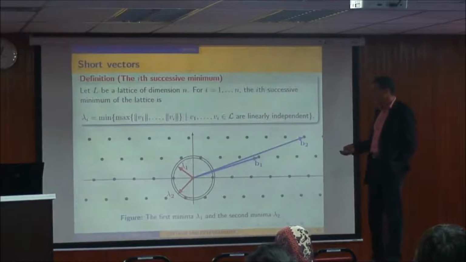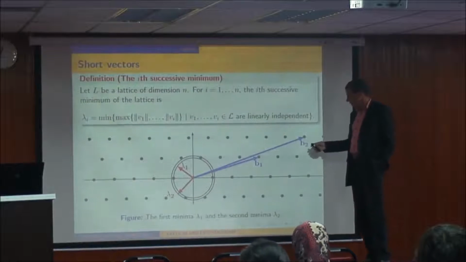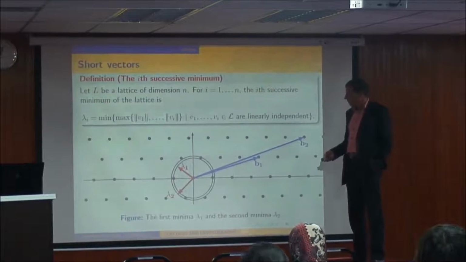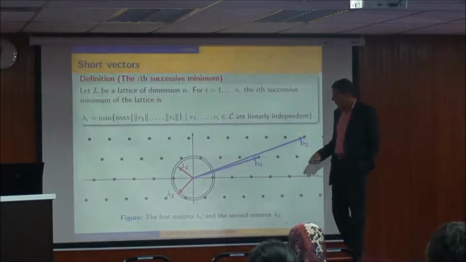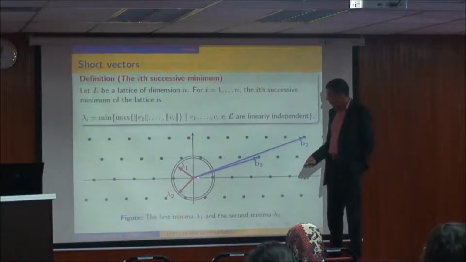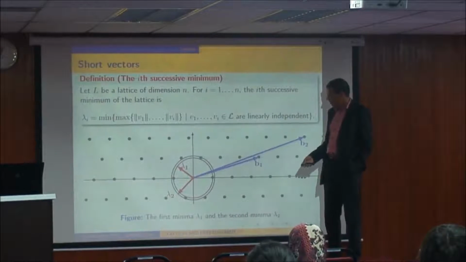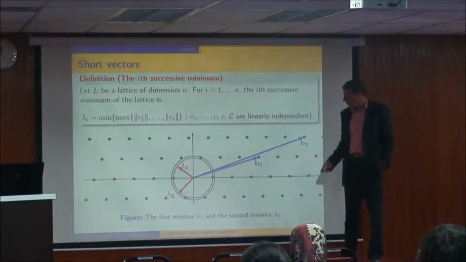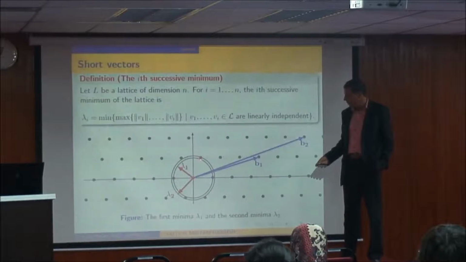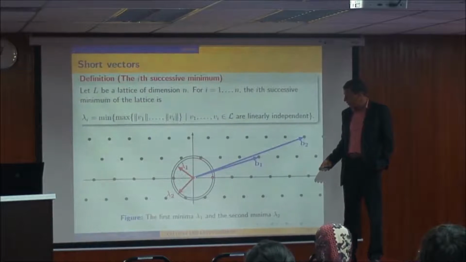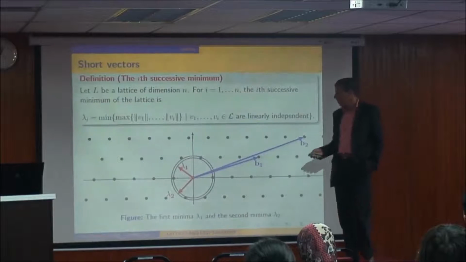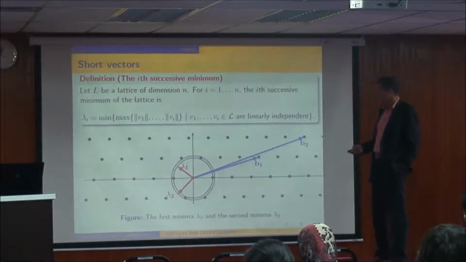For example, in this picture, using the basis B1, B2, we can find the shortest vector. This is the shortest vector, and there is another short vector. For example, this one is another short vector, but the shortest one is this one, and the next one is this one.